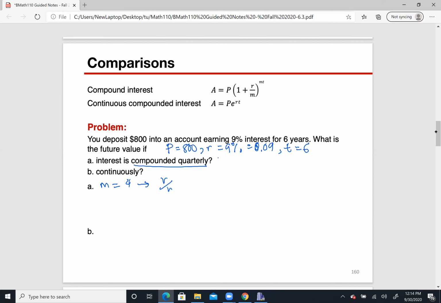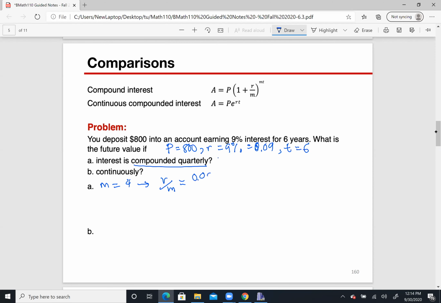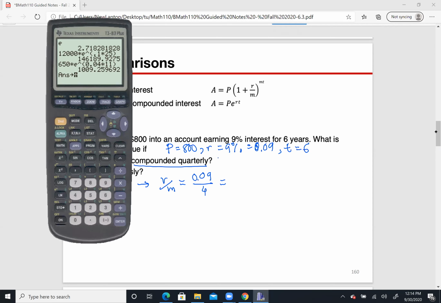So r over M will be what? 0.09 divided by 4. What is that equal to? So use the calculator here. 0.09 divided by 4, and you get 0.0225.